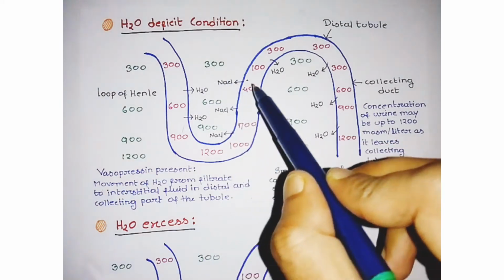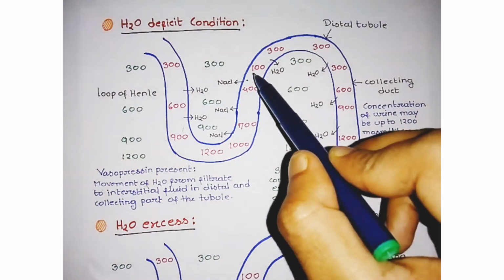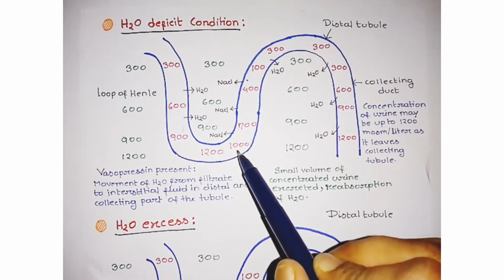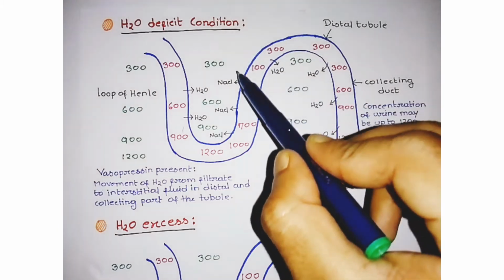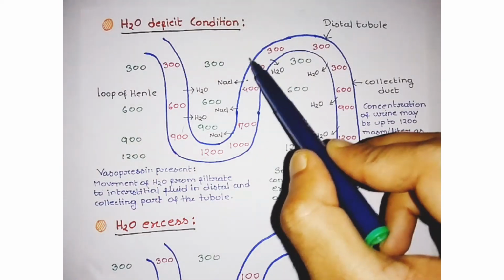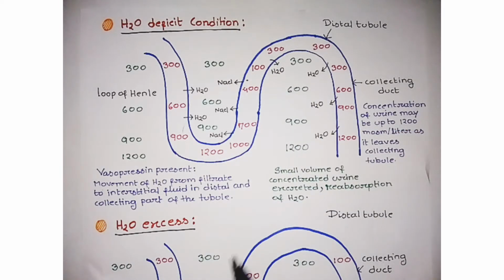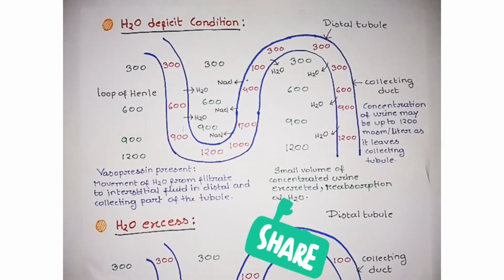As the NaCl is pumped out from the filtrate, the concentration of the filtrate decreases and reaches 100 milliosmol per liter. And this 100 milliosmol per liter, less concentrated fluid enters into the distal part of the tubule.